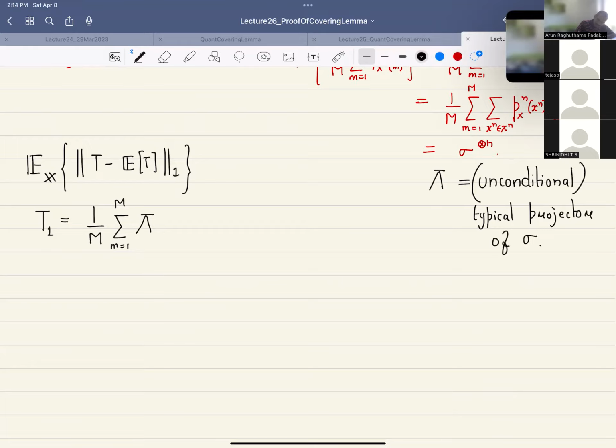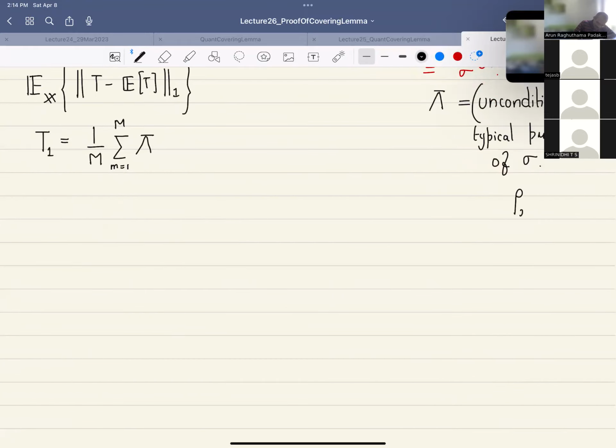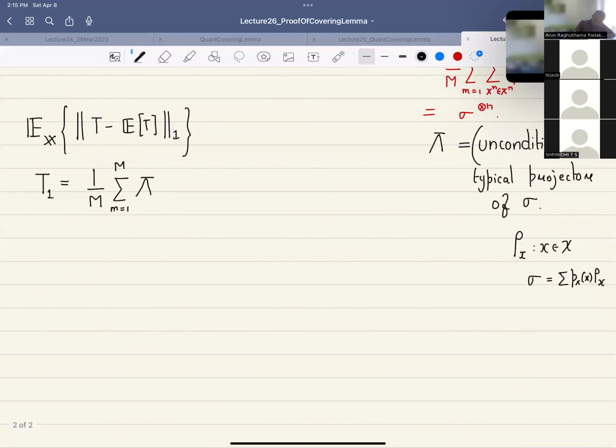Remember the characters that we have. These are the different characters in our play. I'm going to take pi, the unconditional typical projector of sigma, and you know what pi xn is. I'll put pi xn of m.